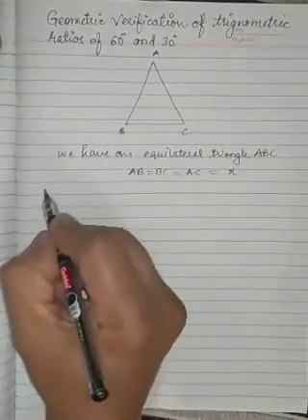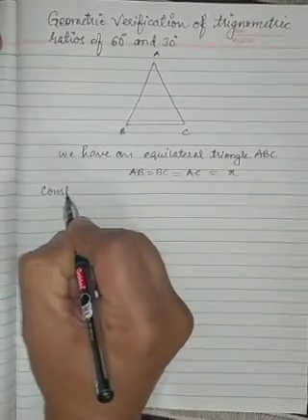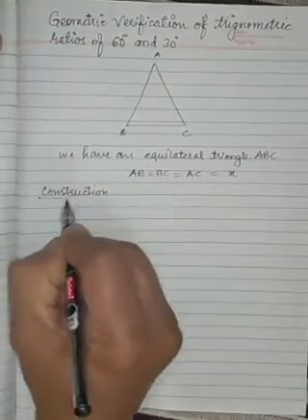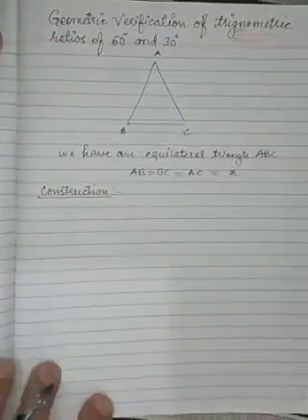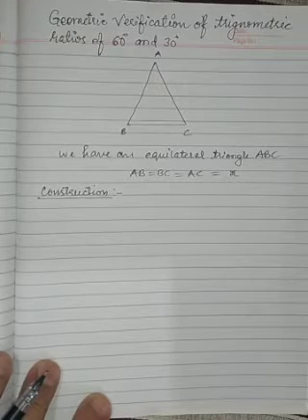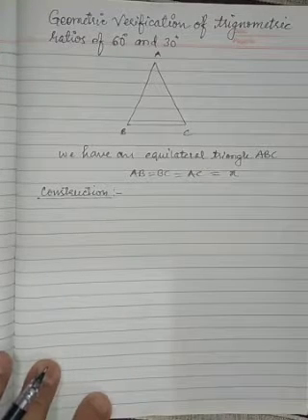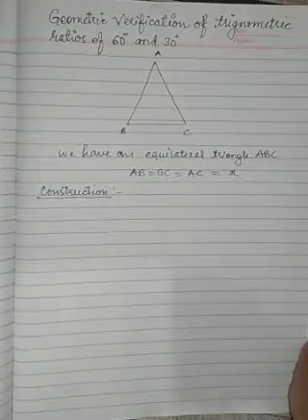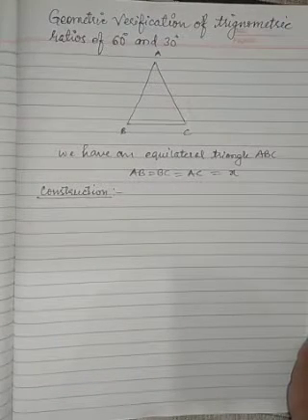So here we will do a construction, as we can apply the trigonometric ratios only in right angle triangles. So this triangle which we have taken is an equilateral triangle, so we will do a construction.